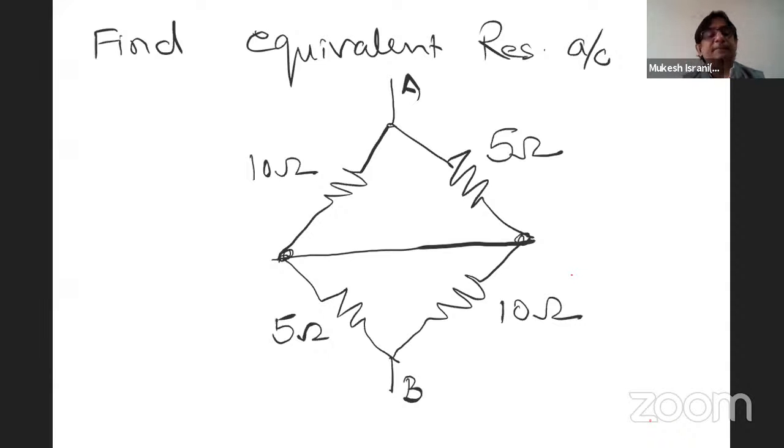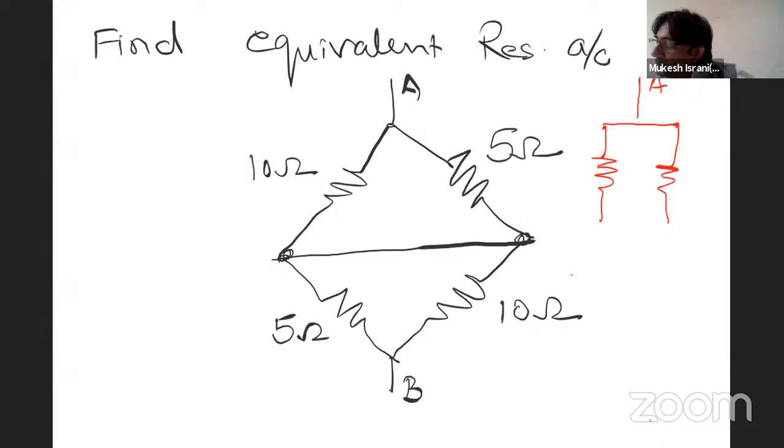No, it's not the same. See now, this is my point A, and instead of drawing the resistance tilted, can I draw it like this? This will be 10, this will be 5.